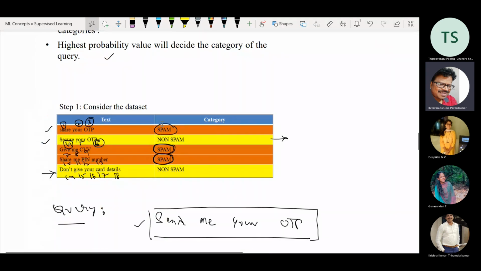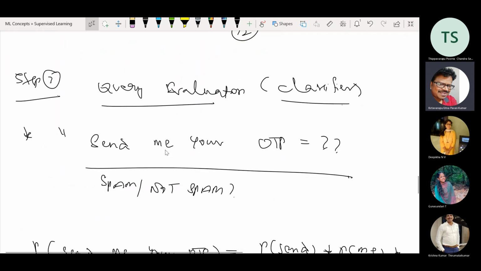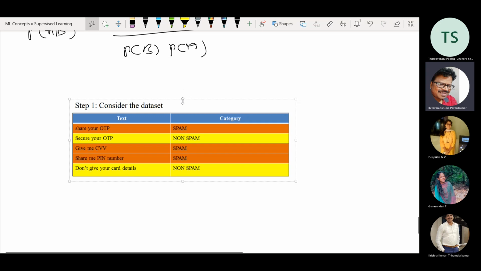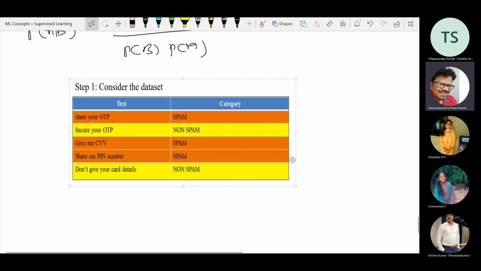Spam three times occurred, and 1, 2, 3, 4, 5, 6, 7, 8, 9, 10. So if I'm talking about the spam, there are 10 words in the spam. So obviously, whenever spam has occurred, I can substitute that particular thing. Let me take this particular diagram, friends, because we need to depend on this.